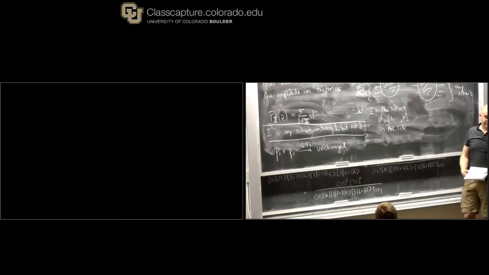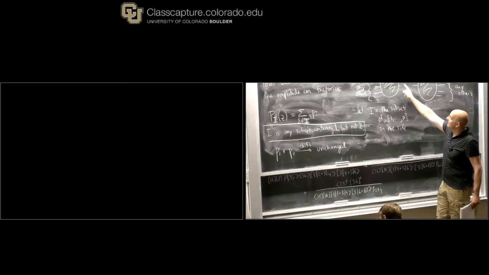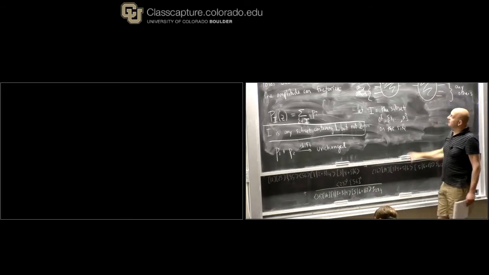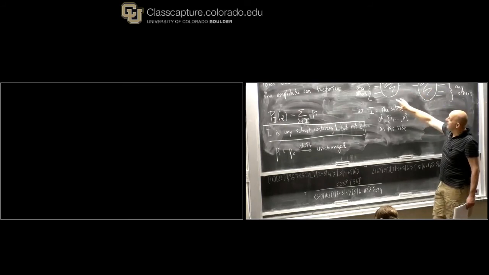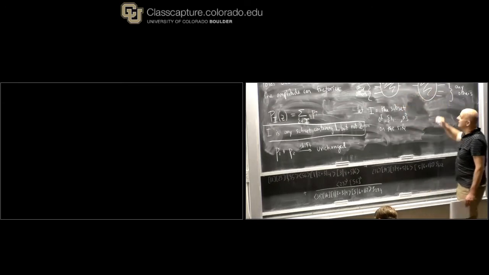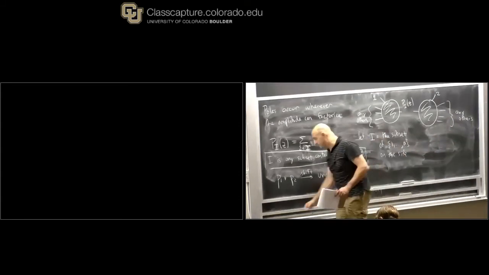So you can't possibly have a pole in z from such a diagram. The only way you can have z dependence in this propagator is if particles 1 and 2 are separated. So what we're going to consider is any factorization where some subset of the original n particles are on the left, the complementary subset is on the right, and importantly, 1 and 2 are separated from each other.